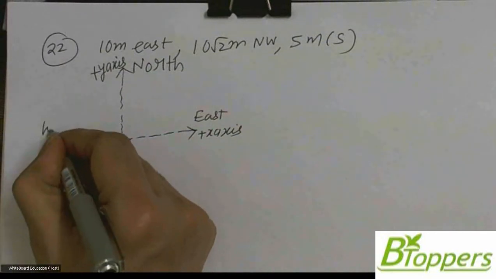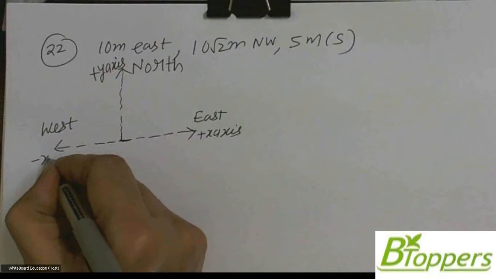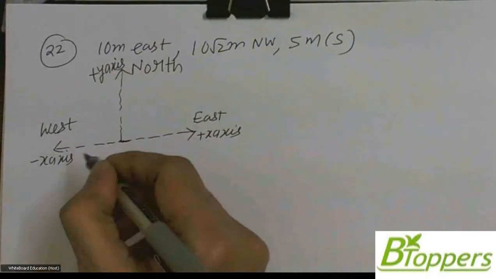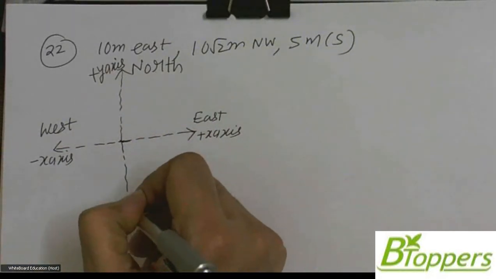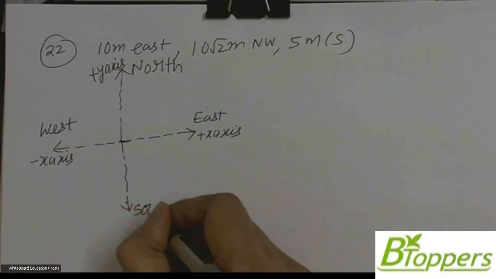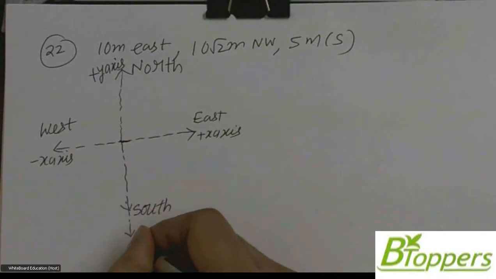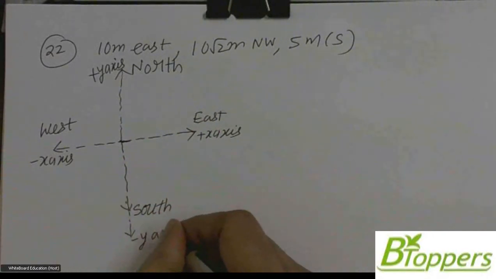Of course, the horizontal direction towards west will be the negative x-axis. The horizontal direction towards south will be the negative y-axis.